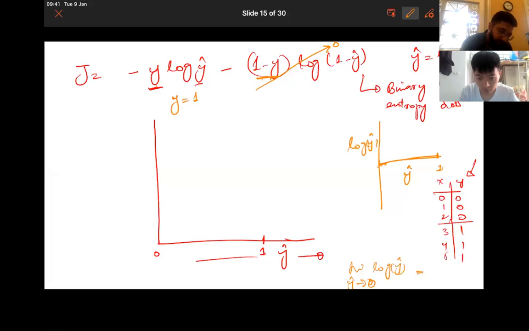This approaches infinity, right? Exactly. And what is the log of 1? Log of 1 is 0. So basically, this is the function of your log. This is how log looks in this interval. Okay. And what are we plotting here? What do we have here? We have a minus sign, right? So we will flip this. So basically, the loss function would look like this.